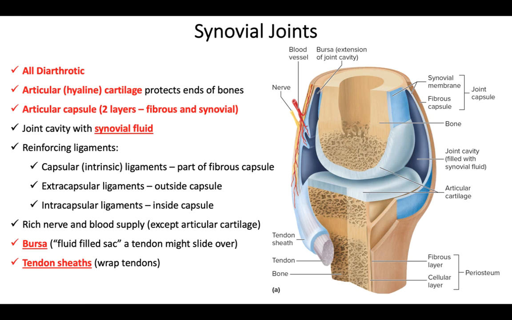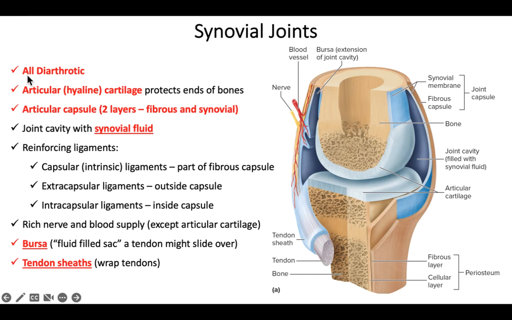But synovial joints have an articular capsule which forms a cavity. So notice here's a capsule here that completely surrounds these two bones that come together. And inside that cavity, there's going to be synovial fluid. So let's go through the main characteristics of a synovial joint.